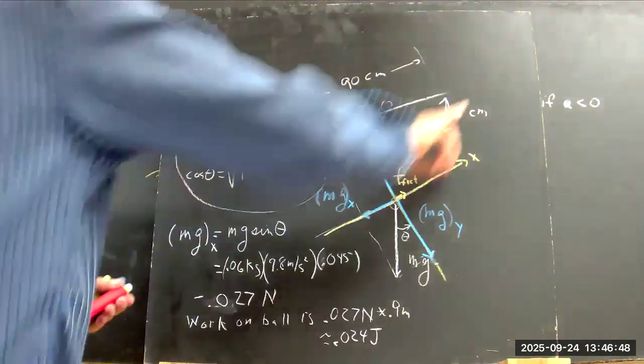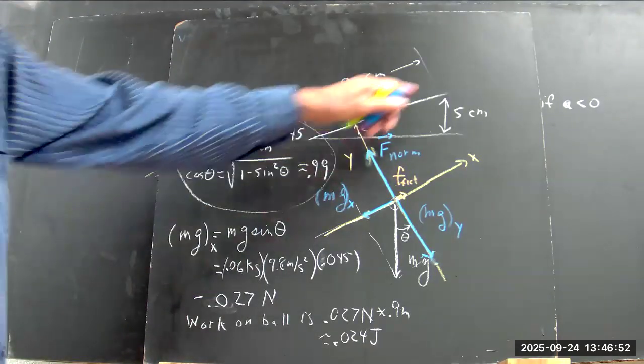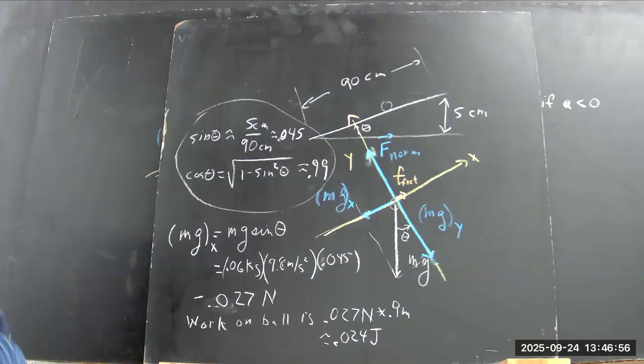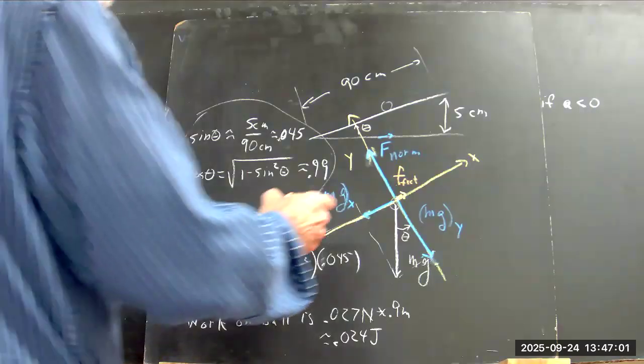I mean, the vector is in this direction. Positive direction is that way. It's negative. And so is the 90 centimeters. The displacement vector is from here to here.